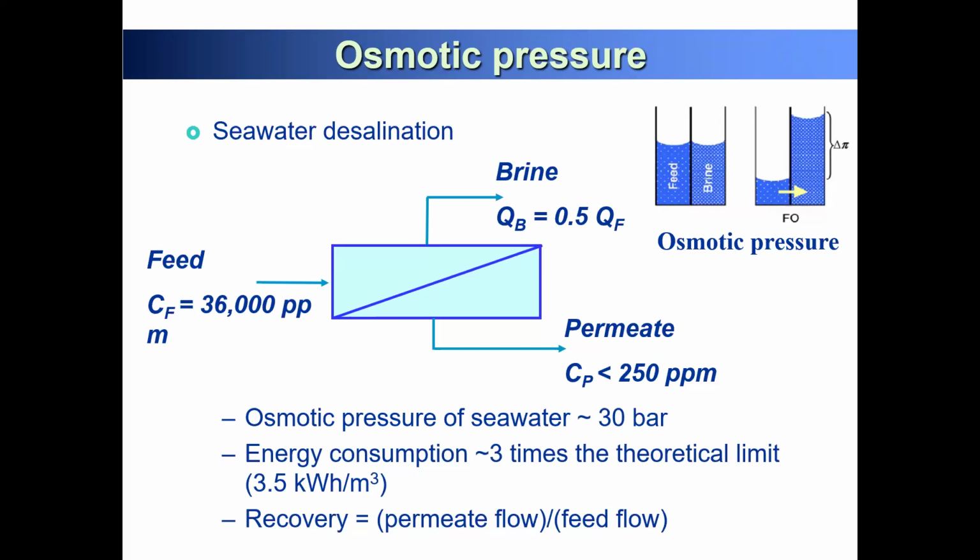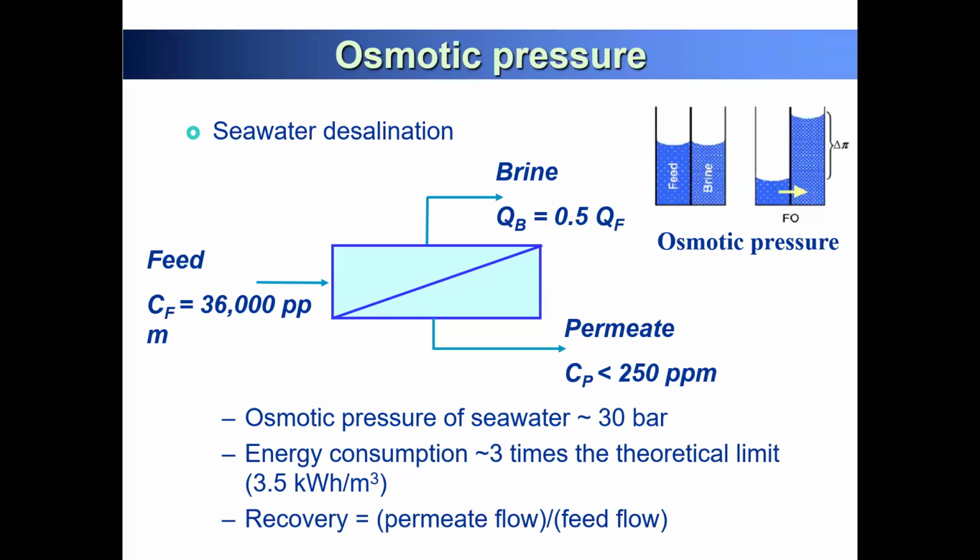So what is TDS, total dissolved solids? 35 gram per liter is equivalent to 28 bar osmotic pressure. To make it very simple, because we have a conductivity method, the TDS method, you can easily measure in a very simple way, and this can be converted. 35 gram per liter equals 28 bar of osmotic pressure in seawater.